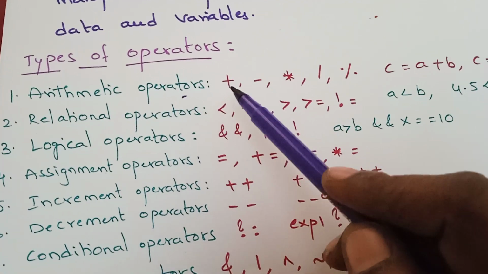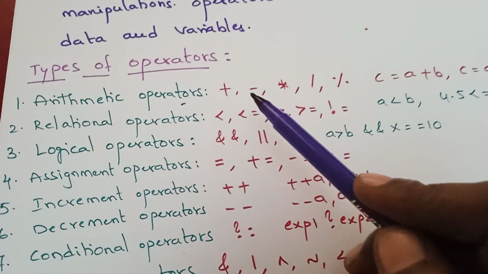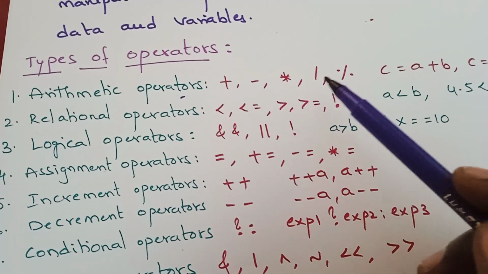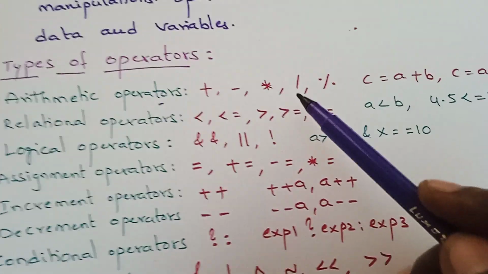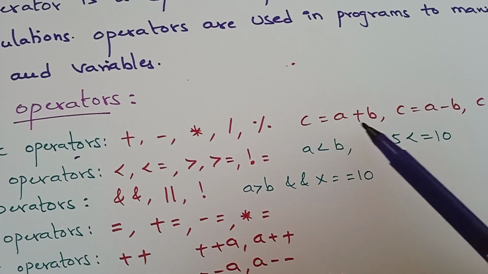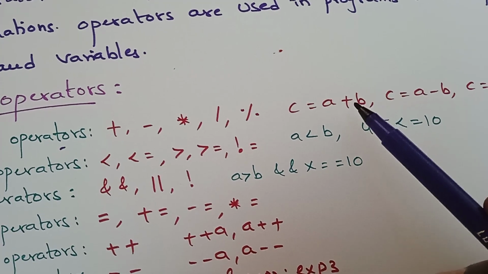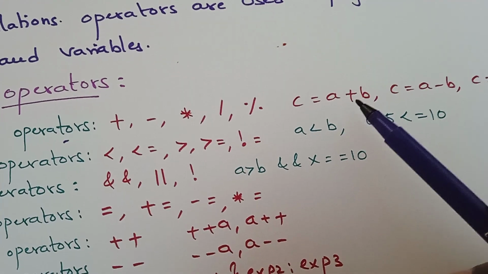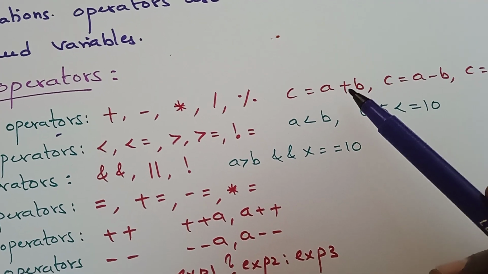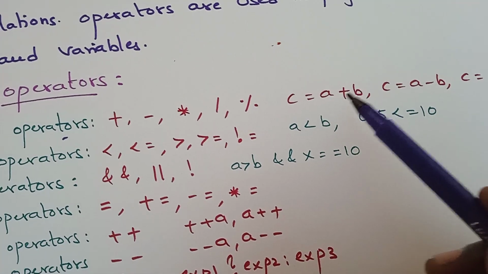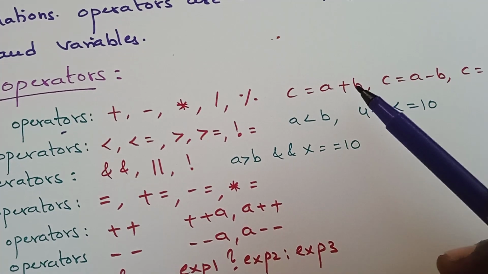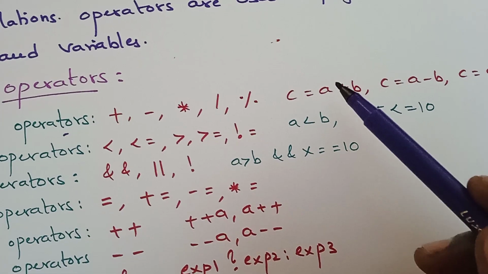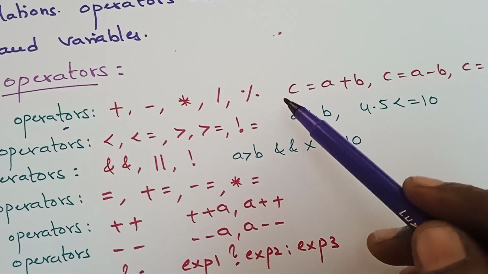Arithmetic operator. These are the symbols which can perform arithmetic operations. Now the example: a plus b. Look at the operator. This is the symbol through which we'll perform mathematical operation. A plus b means we'll be performing addition of two numbers and the result will be assigned to the variable c.